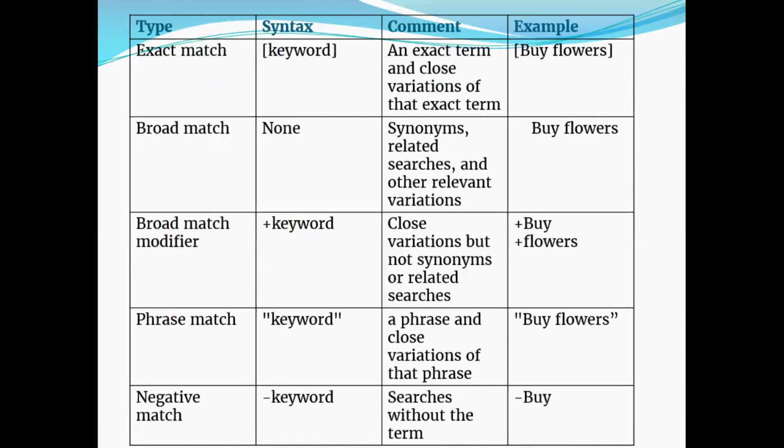Buy online flower, buy in between the online will be this, is not for the phrase match. This is not for the exact match. This match will be applicable by broad match. Something reverse we can use like this with the matches here.